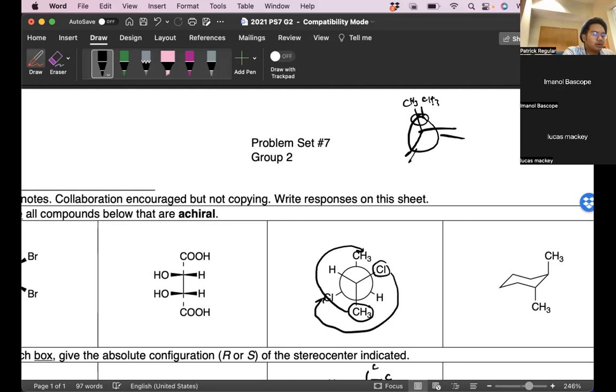And then what about this group over here? Knowing that you rotated, that'd be H, H, and then Cl. And if they match up, then they're achiral. From the looks of it, all three match up, so they are all achiral, and the fourth one is chiral.